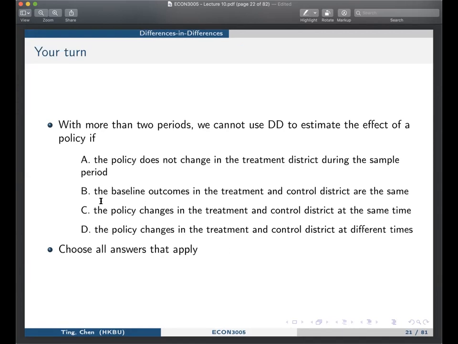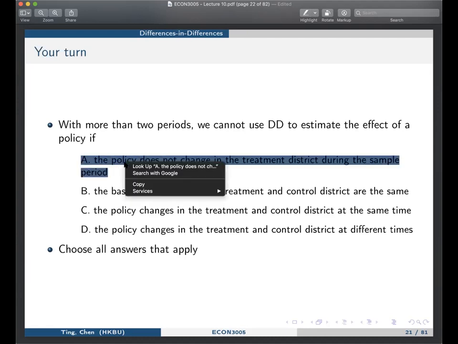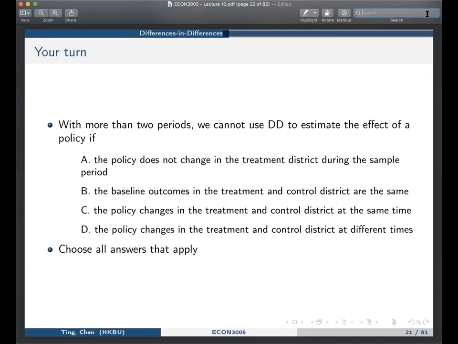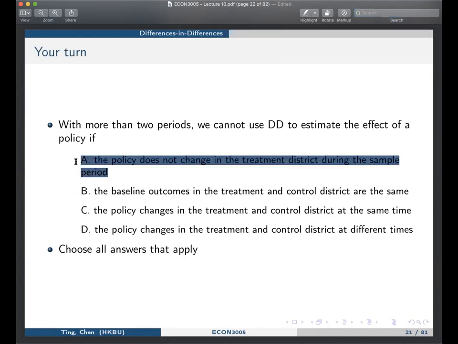Then B. And B, the baseline outcome in the treatment and control districts are the same.